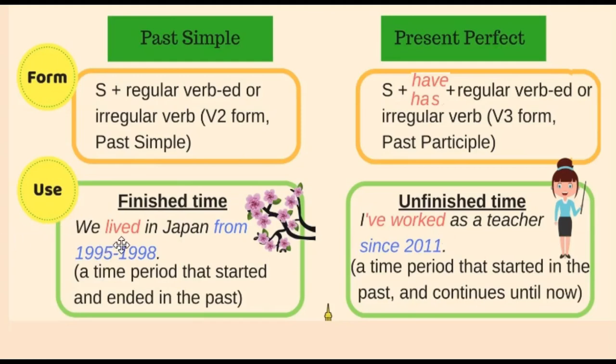We saw a bird. This would be past simple. Ми бачили птічку. We saw a bird, past simple. And we have seen this bird before. Ми бачили цю птичку раніше. Це було б present perfect.